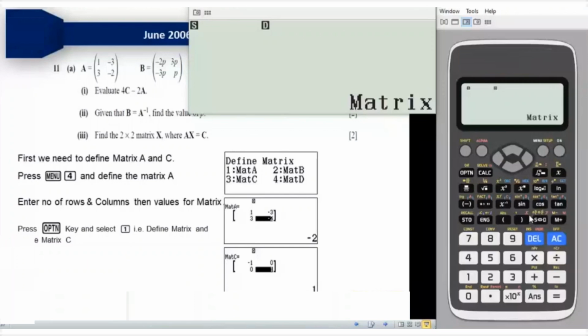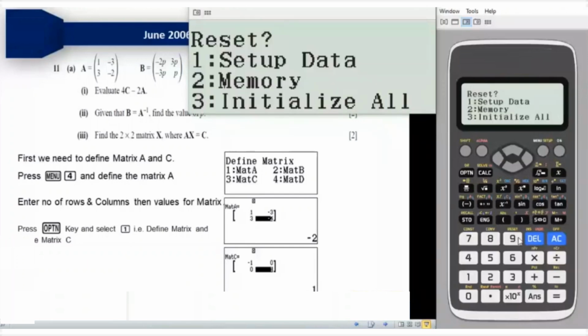When you press shift and 9, the calculator will ask you, do you want to reset your calculator? What do you want to reset? You want to reset the setup data, the memory, or you want to initialize everything? Initialize everything means everything in the calculator's data, storage and memory will be completely cleared.